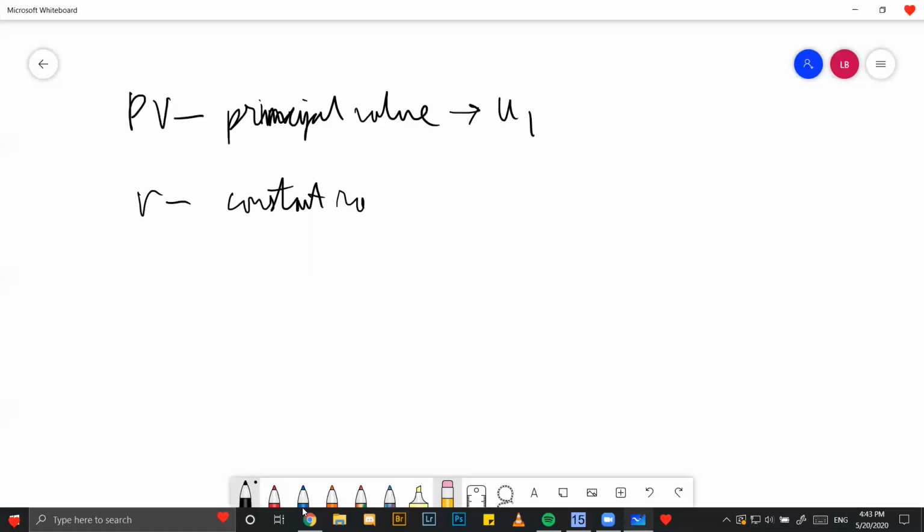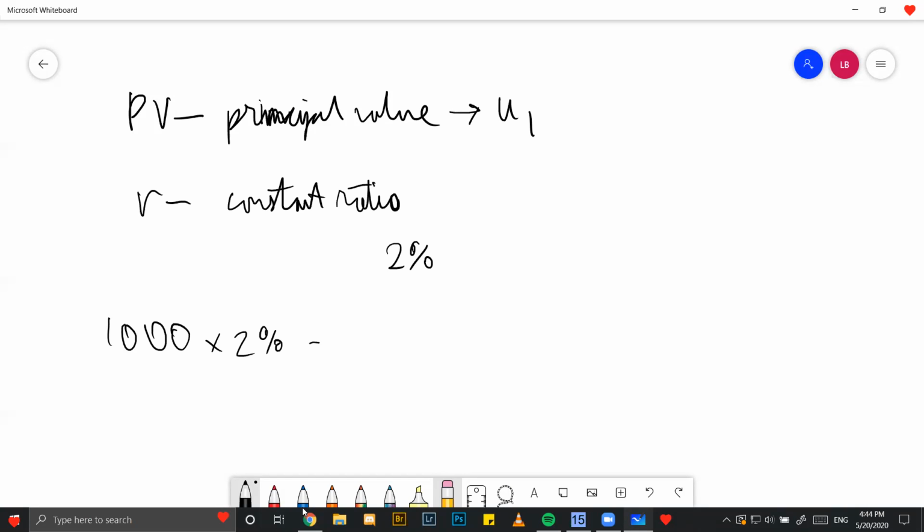However, it's a slightly modified constant ratio because there's a small issue with this R. Say I started with 1,000 and I said that my R, which is over here basically an interest rate, is 2%. I don't actually have to multiply the principal value, PV, by 2%.